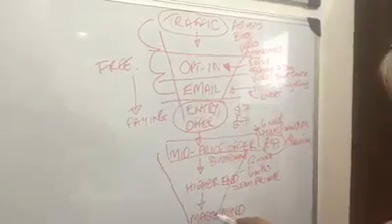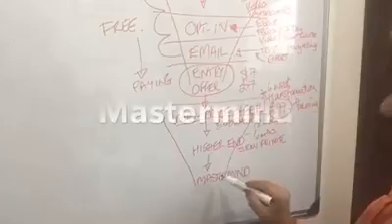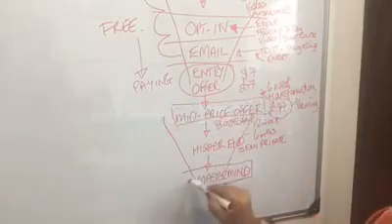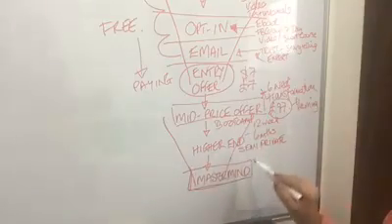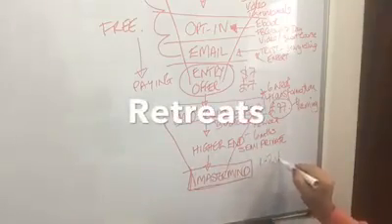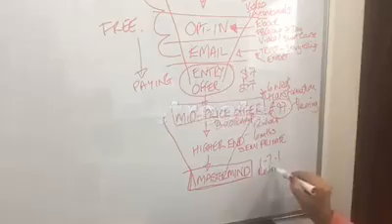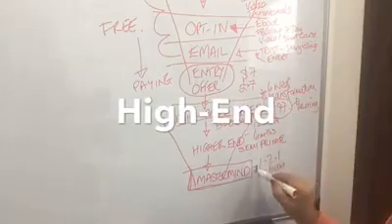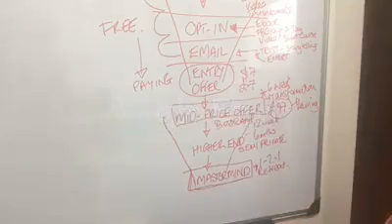I'm going to tip this video just a little bit to the mastermind, which is what your internet gurus would use. Or for you, it might be one-to-one, it might be a retreat. This is your high-end, not-many-people-will-buy-it type product.